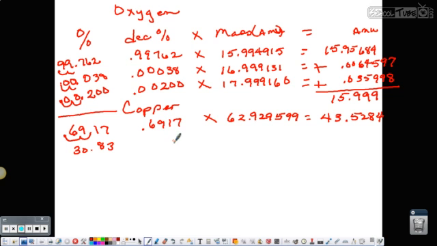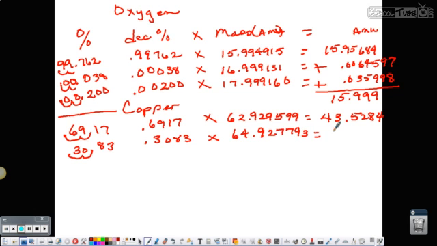The next percentage that's given is 30.83. When I move my decimal 2 places to the left, I get 0.3083 times the mass, 64.927793 equals.